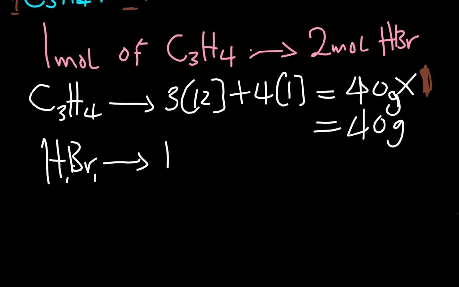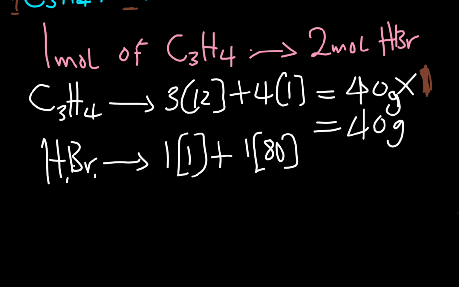So it becomes 1 times the atomic mass of hydrogen, 1, plus 1 times the atomic mass of bromine, which was given as 80. This gives us 81 grams times 2.